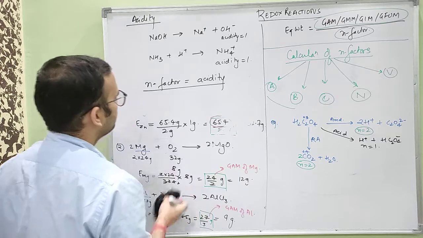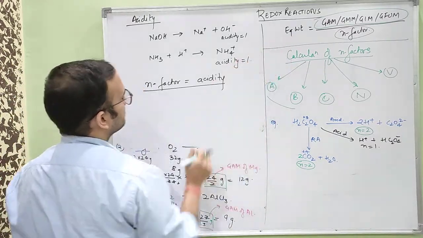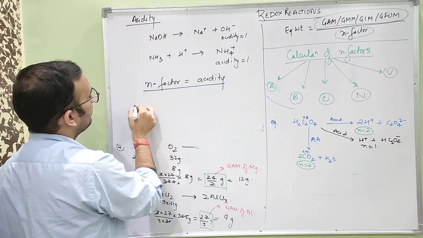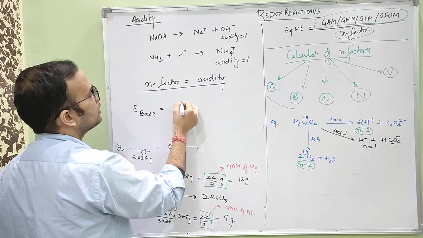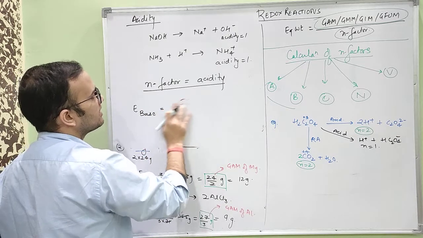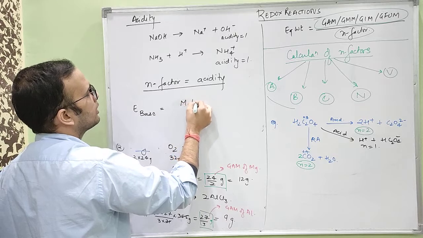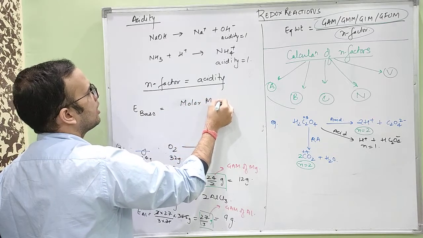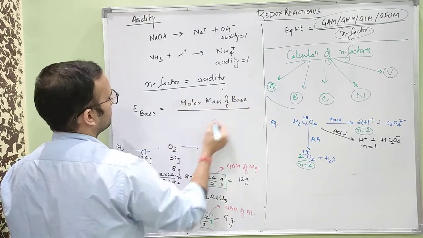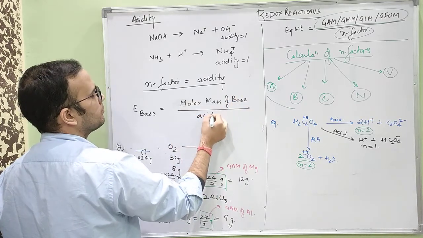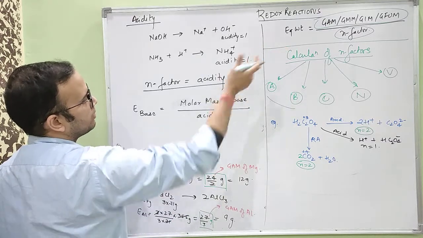Okay? Got it? So using the equivalent weight formula over here, we can say that the equivalent weight of a base is equal to the molar mass of the base upon acidity, because we have just replaced the n factor in that formula with the acidity.